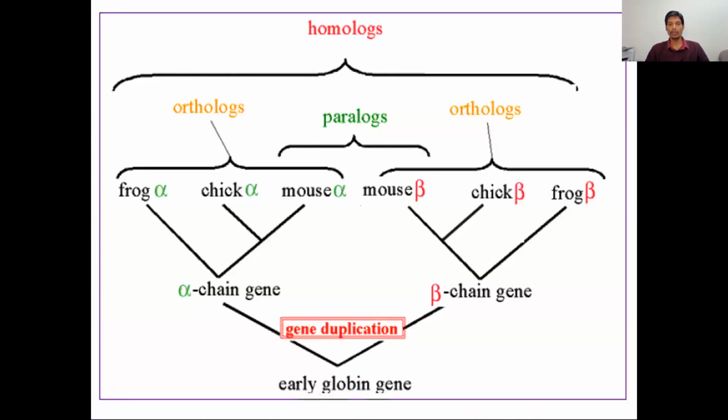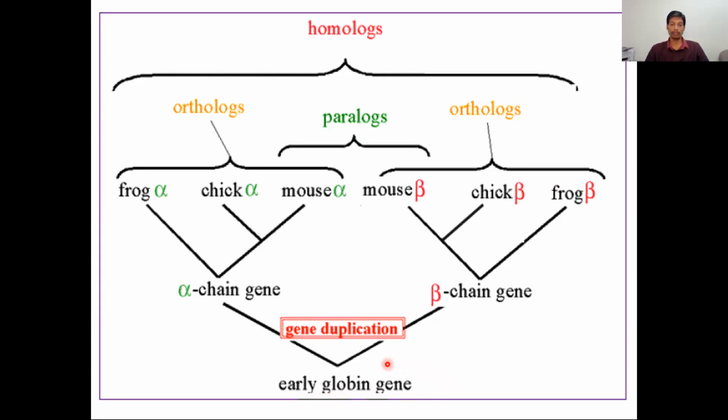So this gives you some very commonly used terminology in homology. Come to the early globin gene. You know, right? Hemoglobin has heme and globin proteins, and the globin gene is responsible for globin proteins.